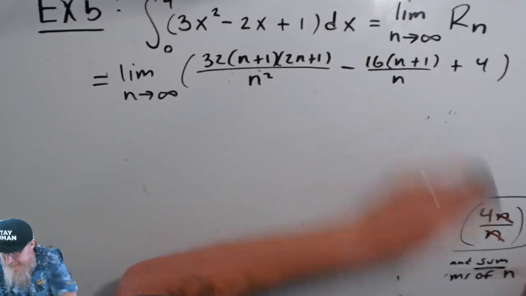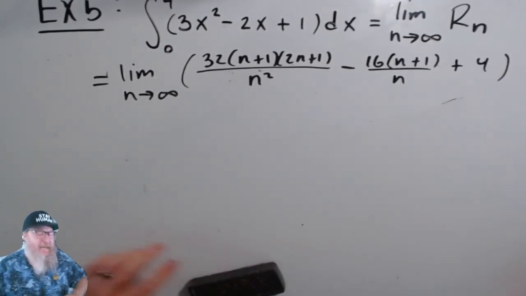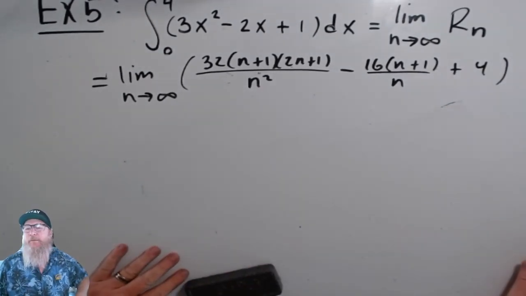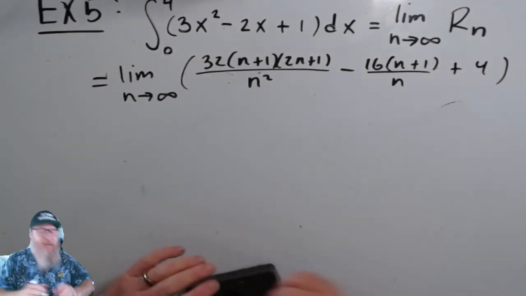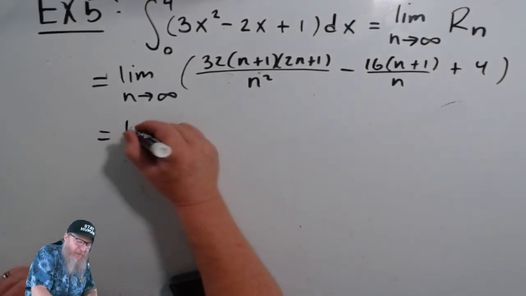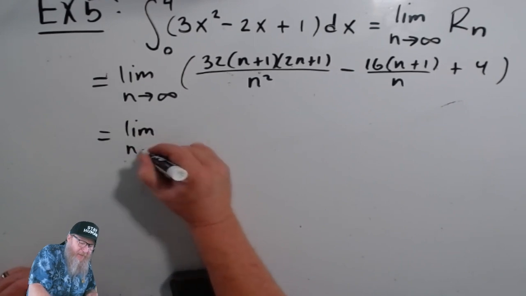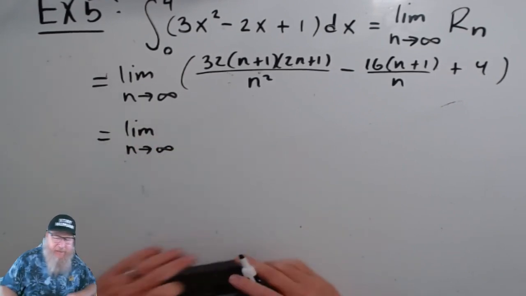If you do this nicely and cleanly, you won't even need a calculator. Right? You'll just get a nice number here. It should just sort of land in your lap. So you get the limit as n goes to infinity.